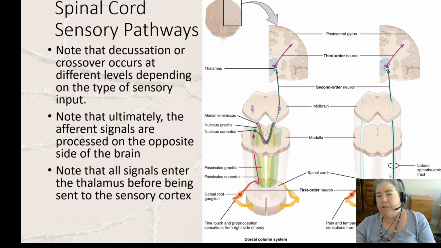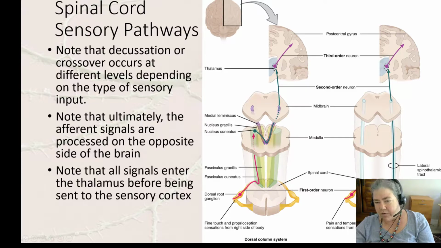And remember, we have all those sub tracts, the neospinothalamic, the paleospinothalamic. You can ignore those. A lot of this sensory information, pain and temperature particularly, come through the lateral spinothalamic tract, and that second order neuron passes all the way to the thalamus.